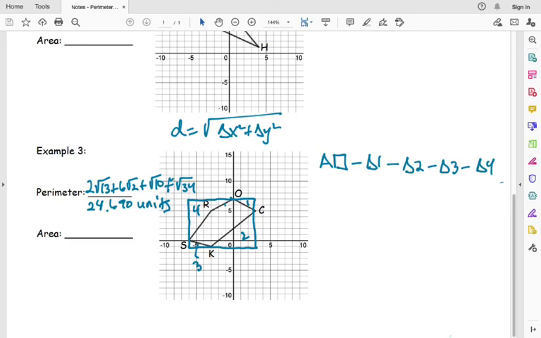Okay, the rectangle is 8 units by 9 units. So it's 8 times 9. Triangle 1, you're going to do 1/2 its base times its height. It has a base of 3 and a height of 2.